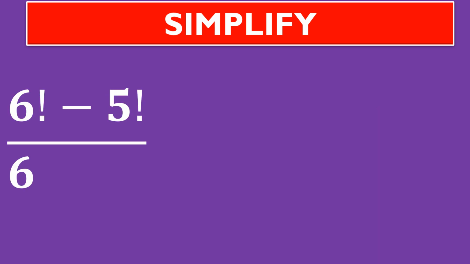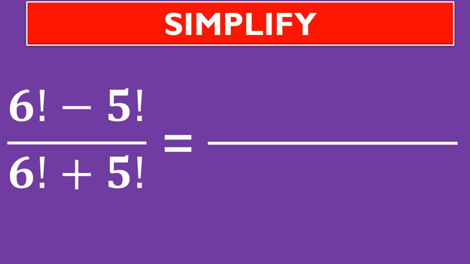Now we have an expression which is 6 factorial minus 5 factorial divided by 6 factorial plus 5 factorial. We had earlier established that our 6 factorial is equal to 6 times 5 factorial. So anywhere we see 6 factorial, we will be substituting it with 6 times 5 factorial.